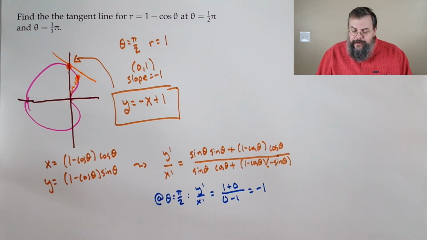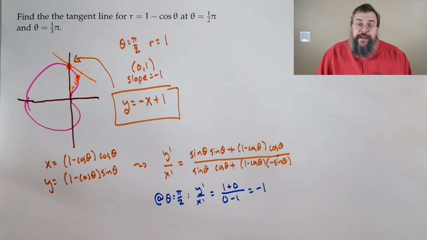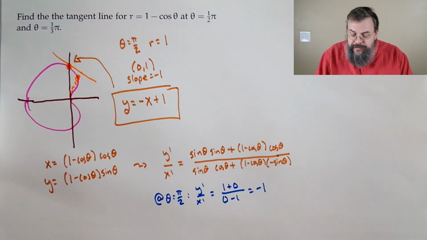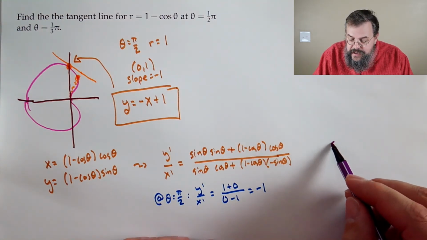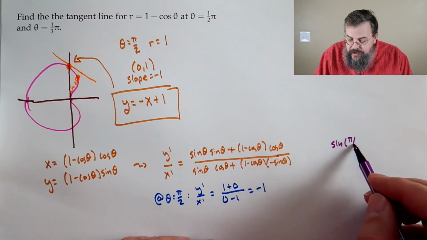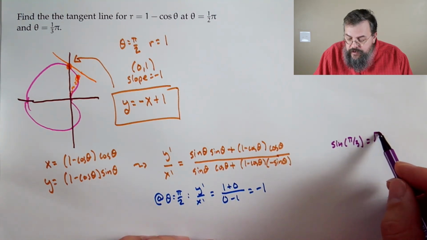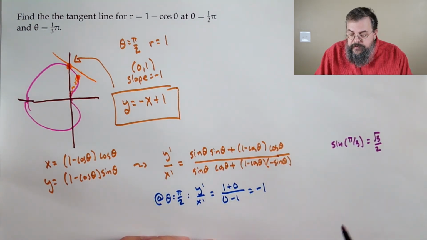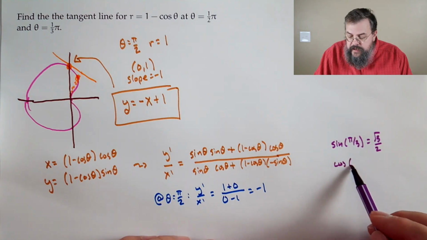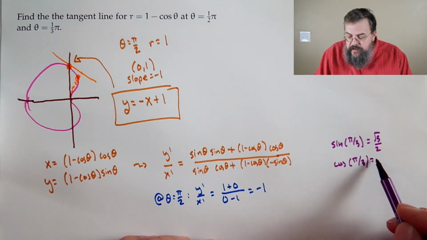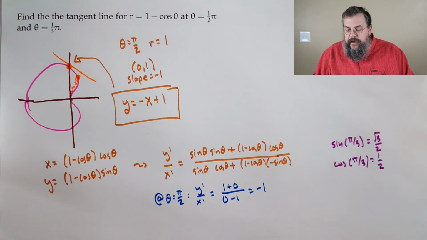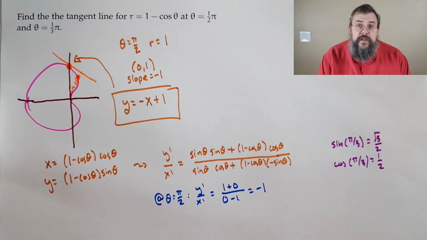Now, let's see what happens at pi over 3. Okay, so to help us at pi over 3, we might want to remind ourselves some trig values. So sine of pi over 3 is root 3 over 2. And cosine of pi over 3 is a half. Now, these are just standard values for trig functions.